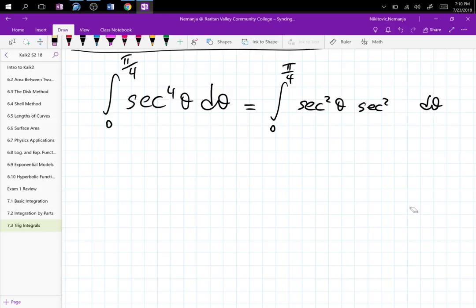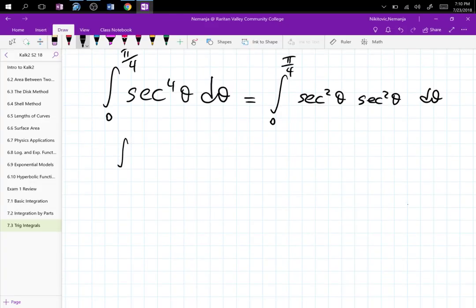So what? Do you transform one or both? One. If you convert both, then you have all tangents, and then what are you going to do with that? You're going to go back. So do one. If I convert one of them, it will be 1 plus tangent squared theta times secant squared theta d theta.